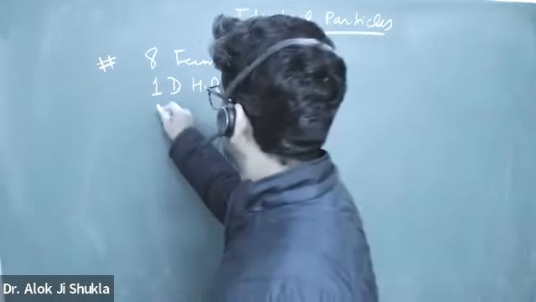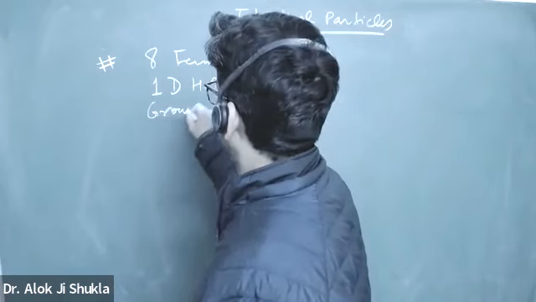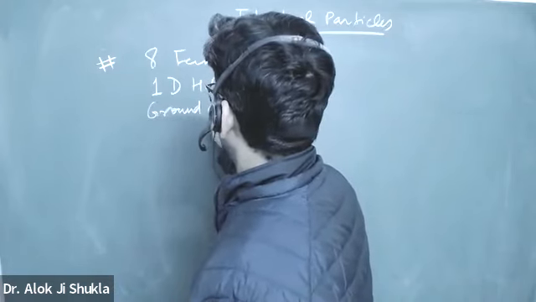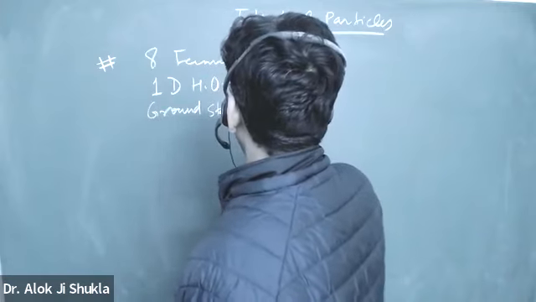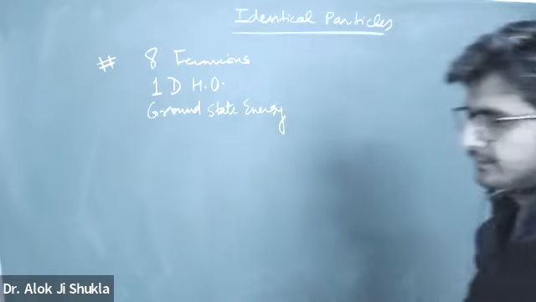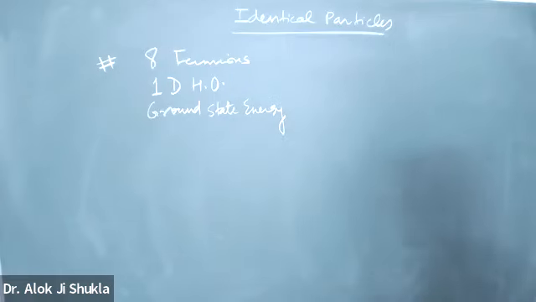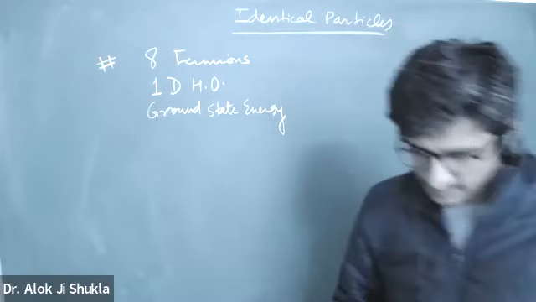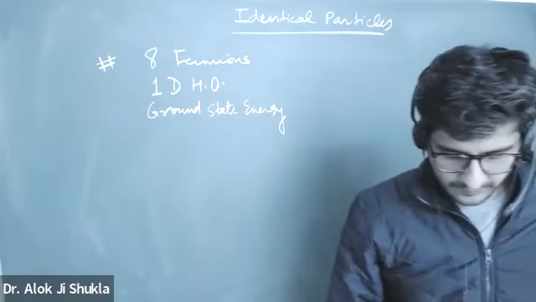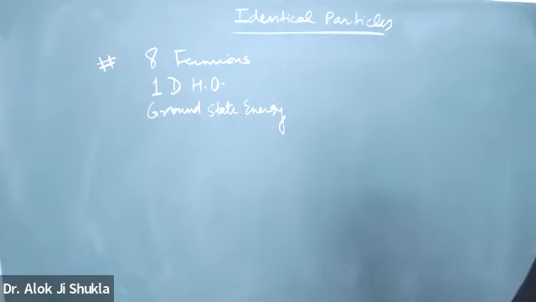Calculate ground state energy. Okay. 8 fermions are to be adjusted in one-dimensional harmonic oscillator. Calculate ground state energy. Do it.